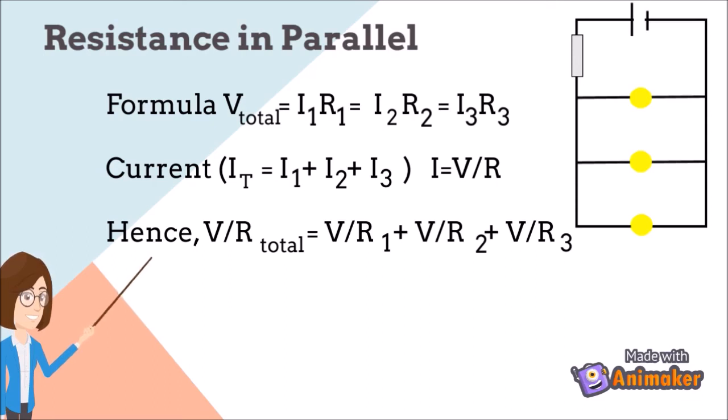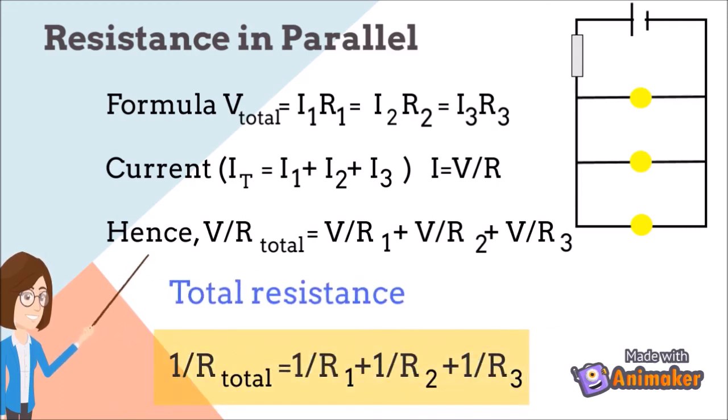And if V is the same in these resistances, so we know the formula of effective resistance is 1 over R total is equal to 1 over R1 plus 1 over R2 plus 1 over R3.